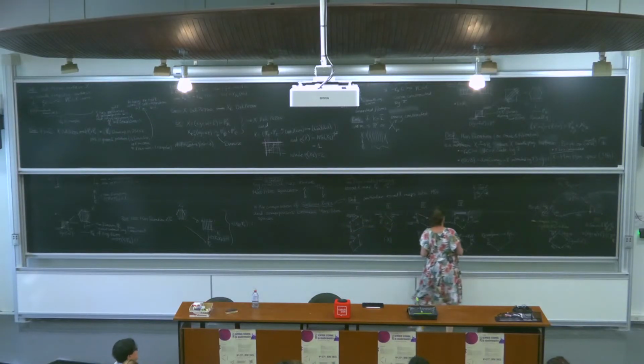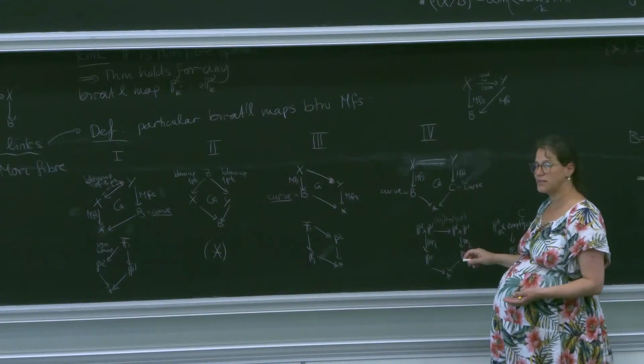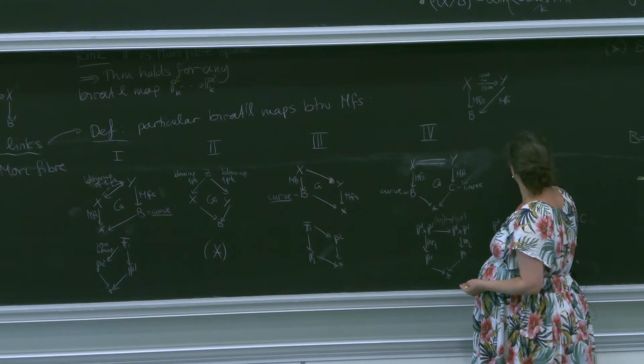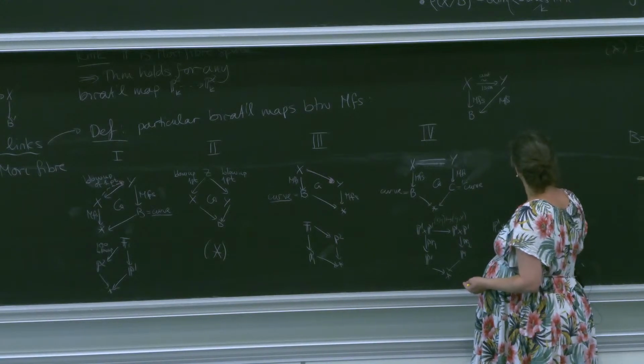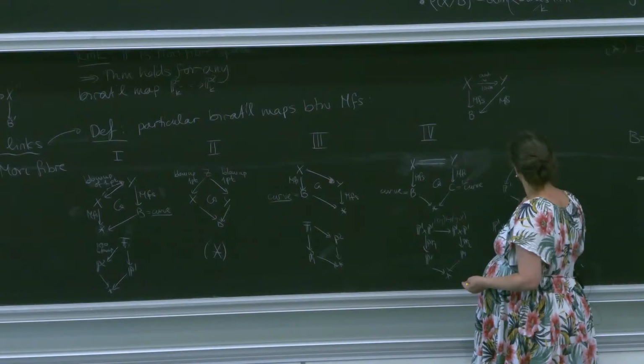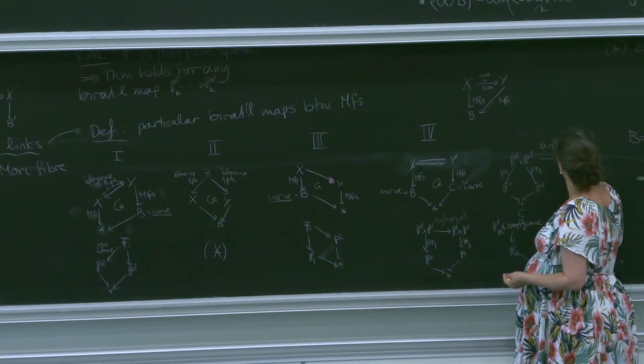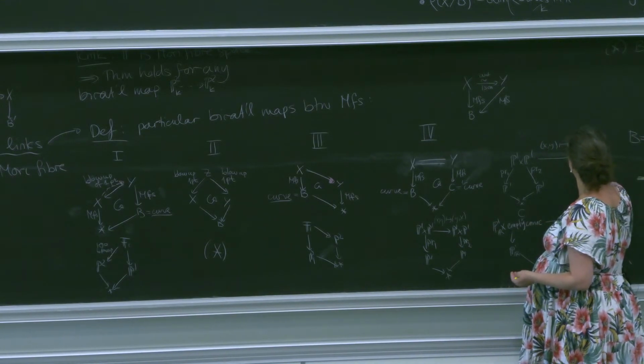So if you want, here, for instance, the usual way to write it is to consider the isomorphism that exchanges the fibers. But you can just as well say, okay, I just have P1 cross P1, and I have my two fibrations. And then I add the isomorphism exchanging the fibers.